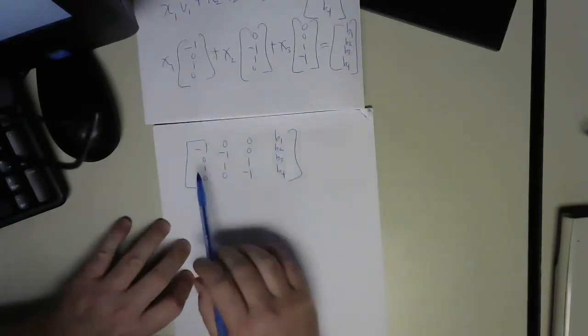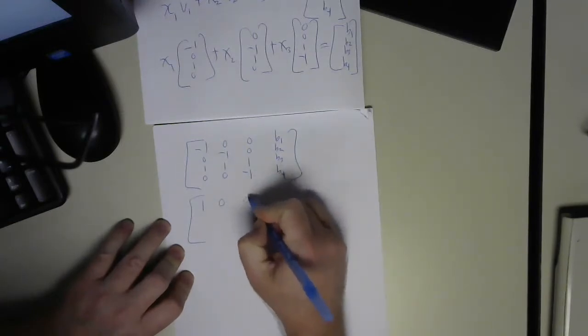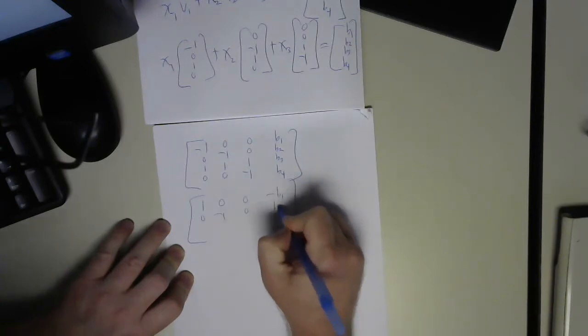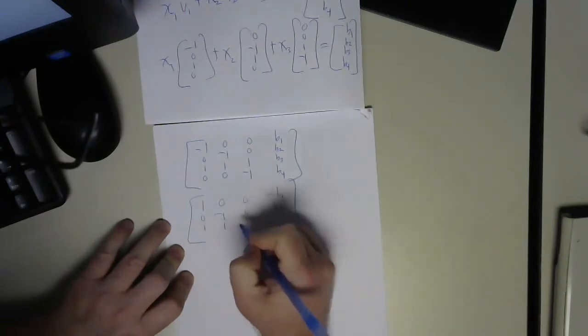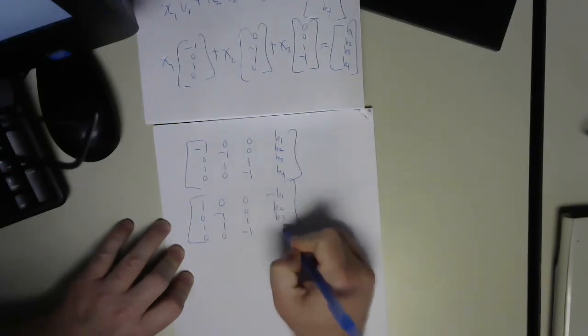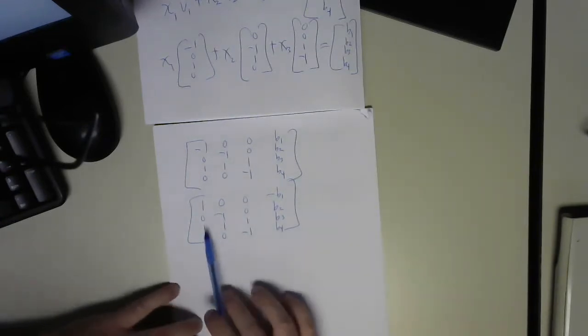First thing I would do, I suppose, is change that to a +1. Multiply the whole first row by -1. The numbers are kind of nice in this one, which is merciful. Okay, now let's change this to a 0.